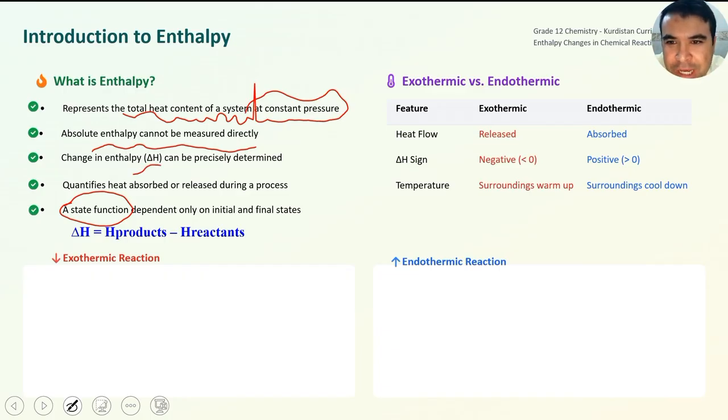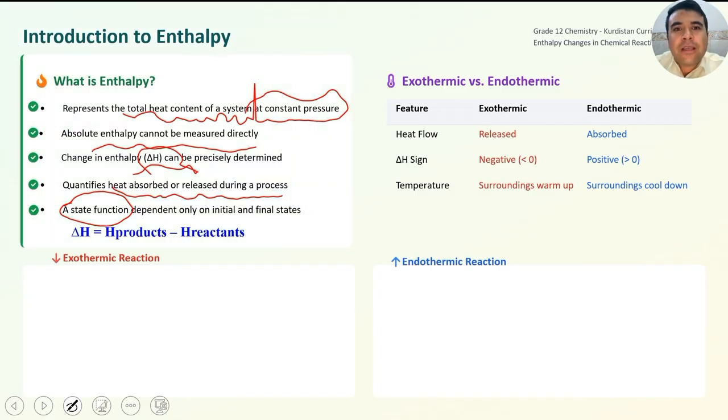So the enthalpy change can be calculated rather than enthalpy at a specific point, and it quantifies heat absorbed or released during a process. So the enthalpy change is the amount of heat released in a process, or the amount of heat absorbed by a reaction.